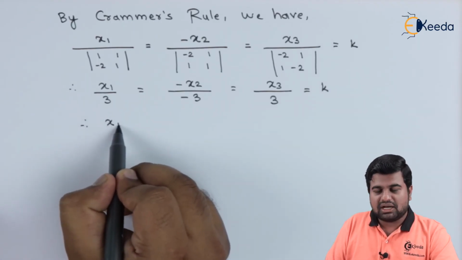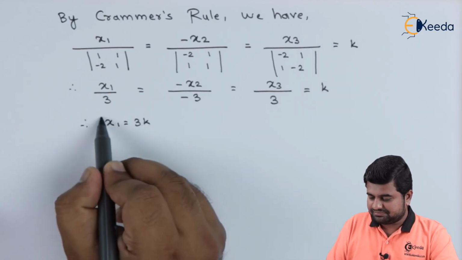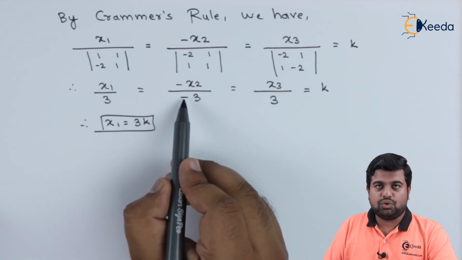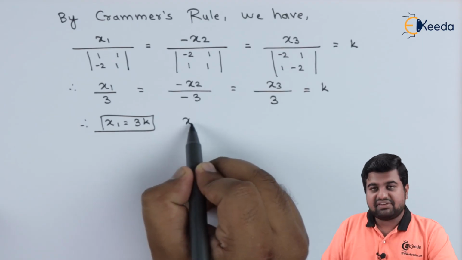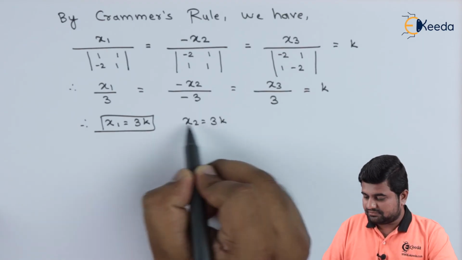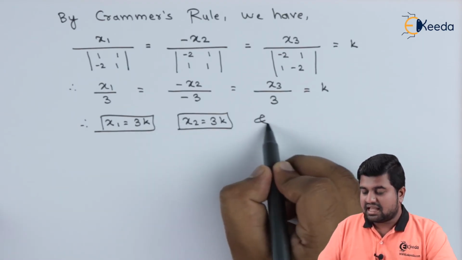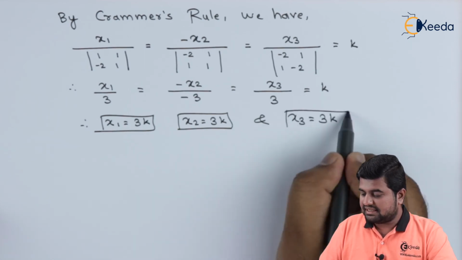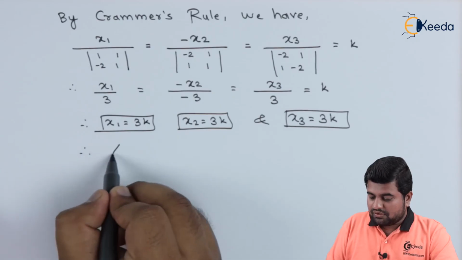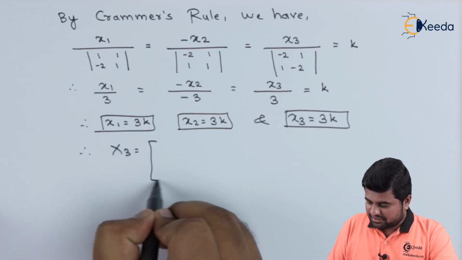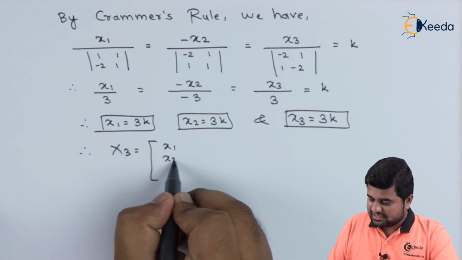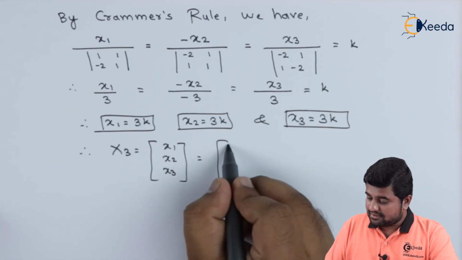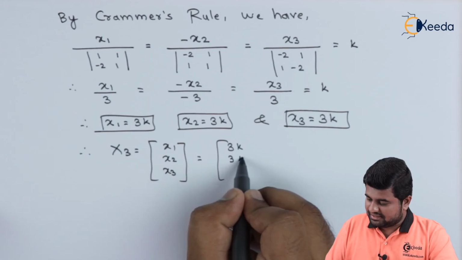Therefore, x1 is equal to 3k. Minus and minus sign will go and we'll have x2 is equal to 3k. And we'll have x3 as 3k. Therefore, the eigenvector x3 is nothing but x1, x2 and x3 as 3k, 3k and 3k.